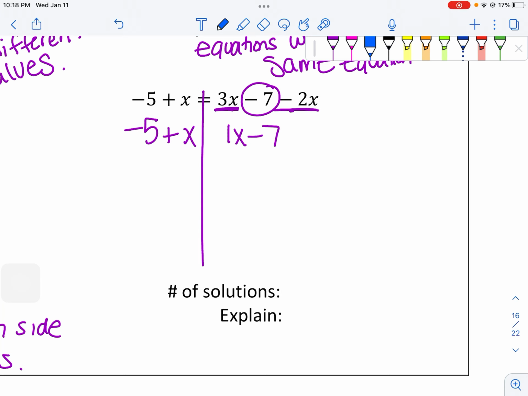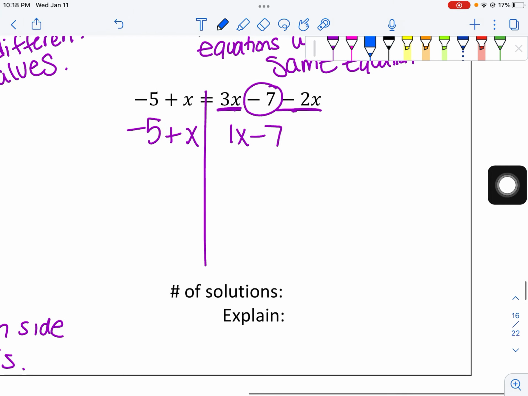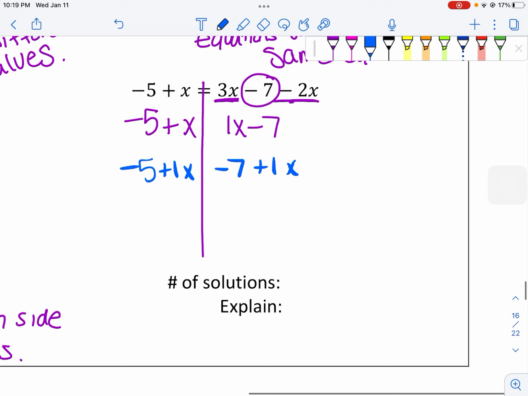And then you might say to yourself, well, I know it's going to be no solution now because I have an x and an x, and then the numbers with it are not the same. I have a -5 and a -7. This really is the same thing as -5 plus 1x and -7 plus 1x if you rewrote that, or 1x minus 7 and 1x minus 5.